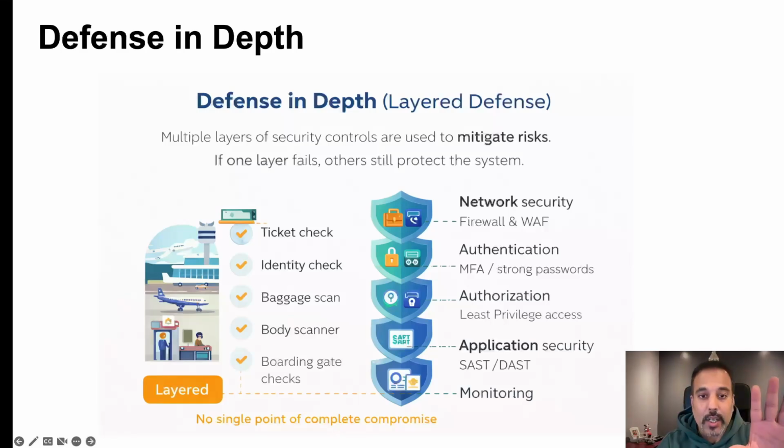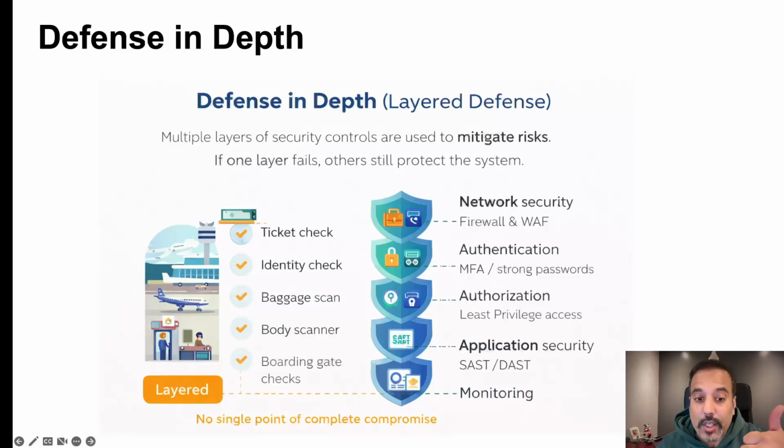The same applies in an application or in the IT world as well. Just taking an example, say you have an online banking application. What sort of controls can you implement? Network security, firewall, and WAF can be implemented at the network layer.